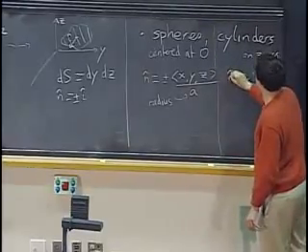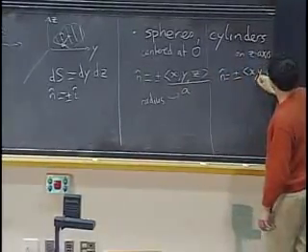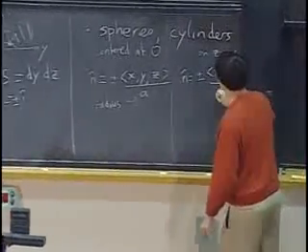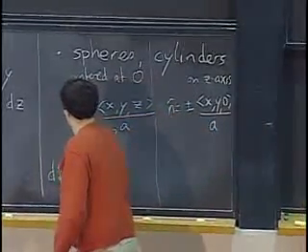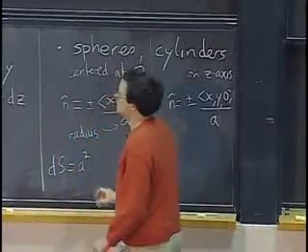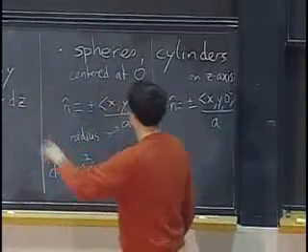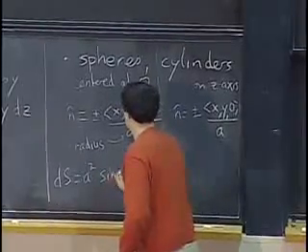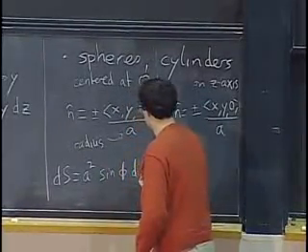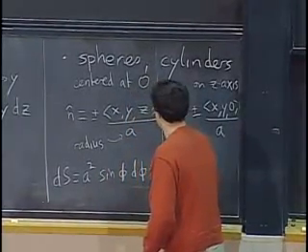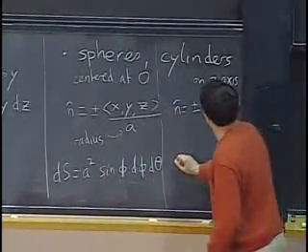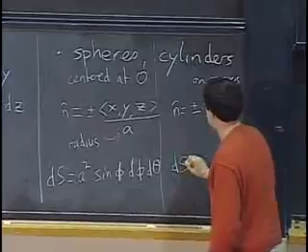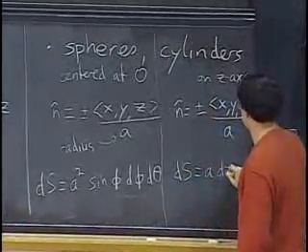For a cylinder, it's x, y, 0 divided by the radius of the cylinder. And the surface element on a sphere is very closely related to the volume element of spherical coordinates, except you don't have a rho anymore. You just plug in rho equals a. So you get a squared sine phi d phi d theta. And for a cylinder, it would be a dz d theta.